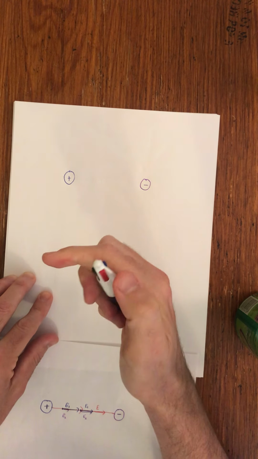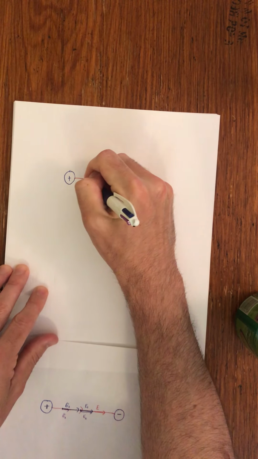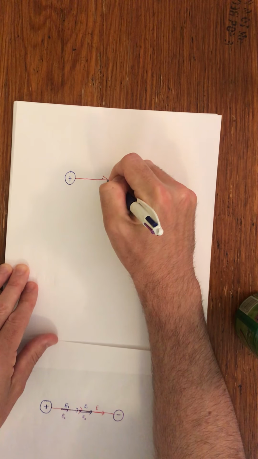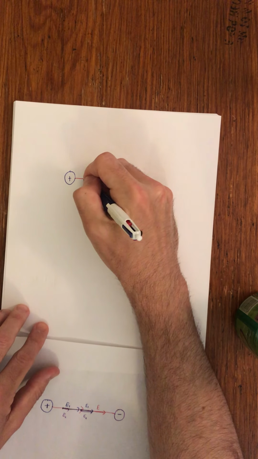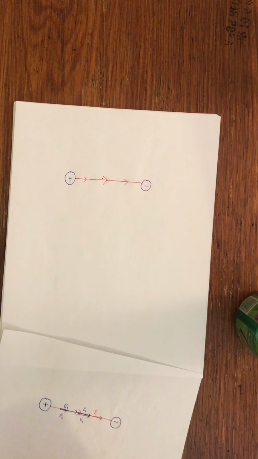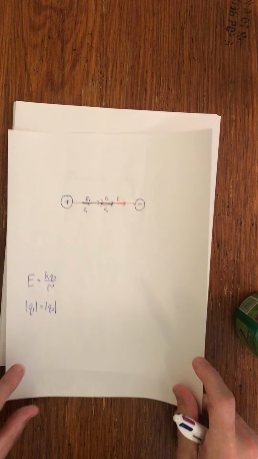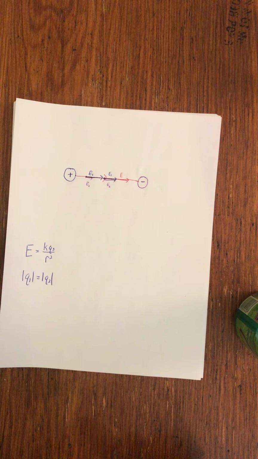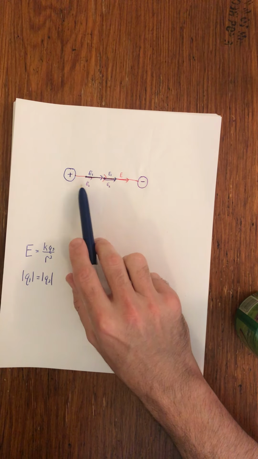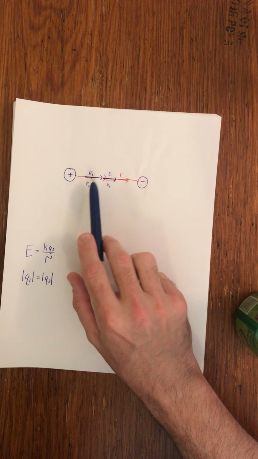So what we just figured out is that there is an electric field line that connects the two like this and goes like that. Anywhere along the line connecting them, a positive particle would experience a force to the right. Now, would that force be constant? Well, the math seems to suggest that that really wouldn't be true. That gets a little bit more complicated.